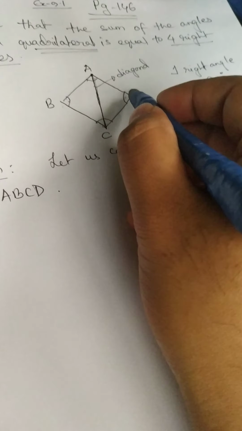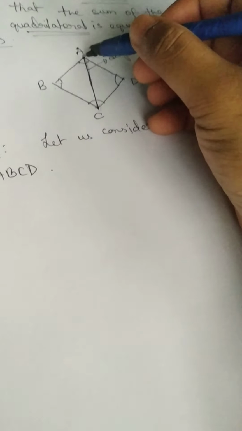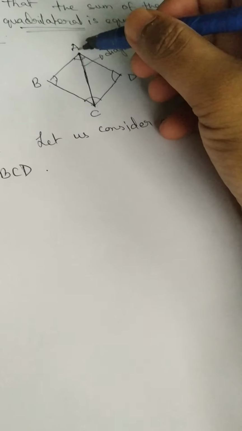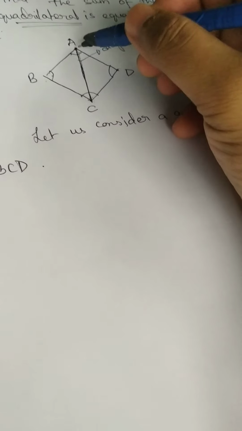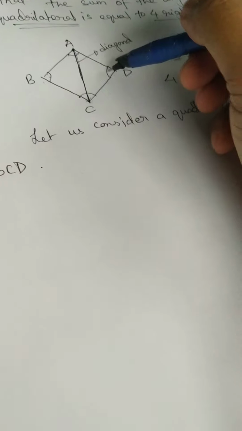Like from B to D, we can also draw another diagonal as well. A and C are opposite points, and similarly B and D are also opposite points of this quadrilateral. So let us join A and C with a straight line, and that is a diagonal.